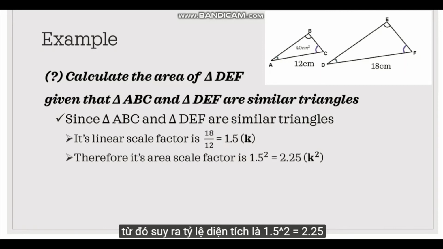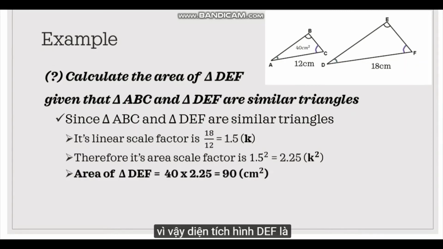Therefore, its area scale factor would be 1.5 to the power 2, equal to 2.25. And so we can calculate the area of triangle DEF is 40 times 2.25, equal to 90 centimeters square.